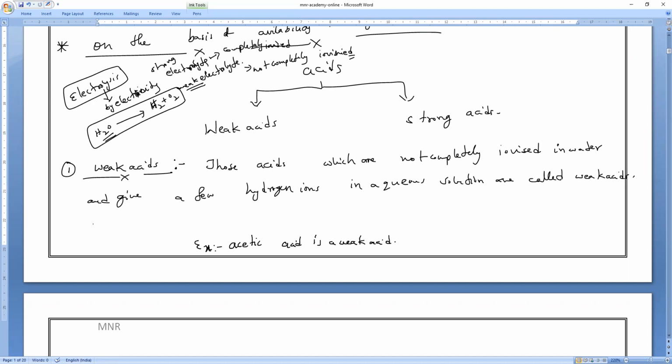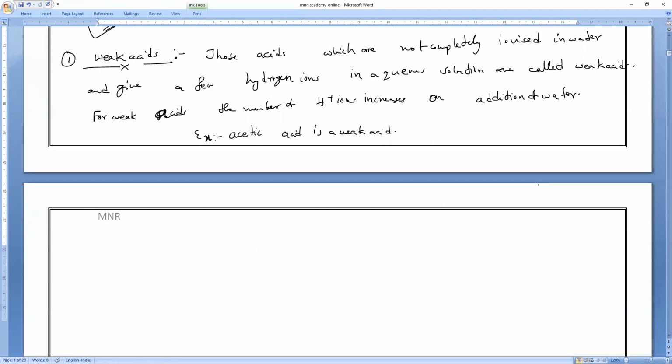By adding more water. For weak acids, the number of H plus ions increases on addition of water. So the more water I add, the more H plus ions there will be. That is what you have to remember. What is the example of weak acids? Acetic acid.